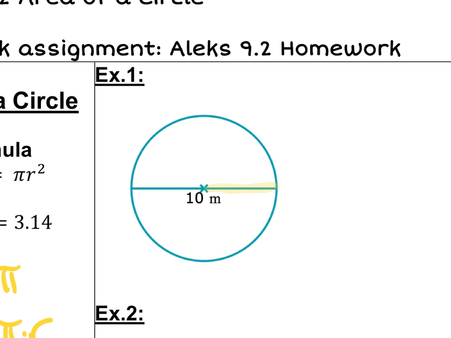So one of the things you have to remember is that the radius is going to be half of the diameter. So half of 10 is 5. So this is 5 meters, right? And now one thing to remember, the diameter goes all the way across, right? And the radius goes from the middle out. And you could have the radius go here, you could have the radius go here, have the radius here.